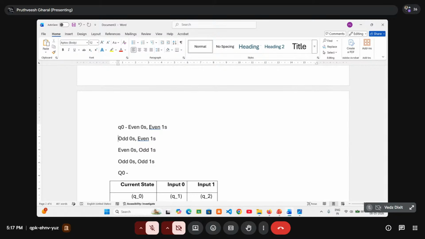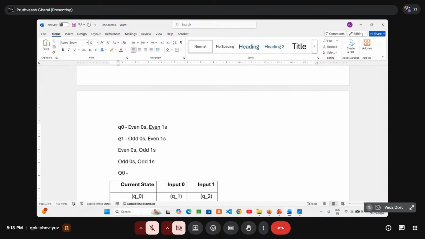Even though we haven't seen a one yet, we assume that there are an odd number of zeros in the string and an even number of ones. Based on the input we have received, we are telling the DFA, look, we have encountered a 0, so be in the next state, which represents an odd number of zeros and an even number of ones. Each state we define here represents what it means to us.